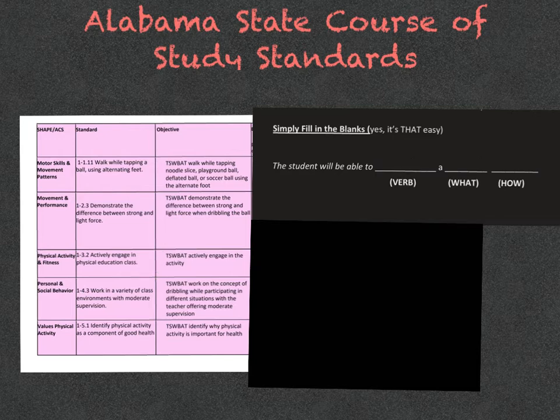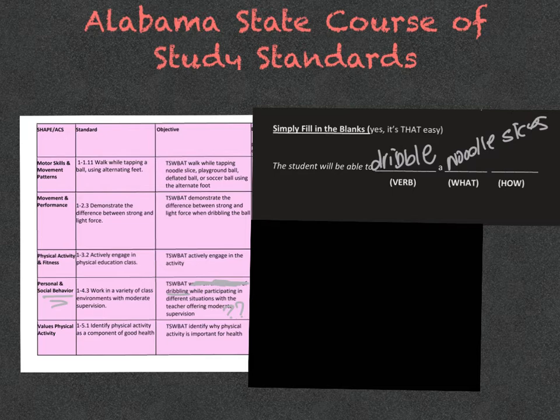Now the objective for Anchor Standard 4, according to this example, I do have a few corrections. The student will be able to, I'm not going to say work on the concept of, I'm just going to go straight to the verb. He's going to be able to dribble. What is he dribbling? That's not there. It didn't list it. So dribble noodle slices, or a ball or whatever.